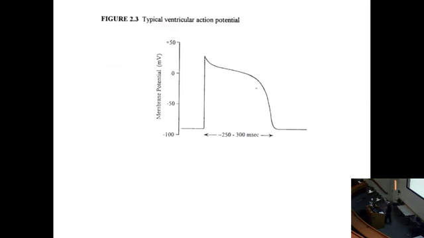So if we look at a typical cardiac action potential, it is different from the ones that you have been exposed to up to this point. We do start at a resting potential of about -90, which makes it roughly the same as skeletal muscle. And when the transmembrane potential increases, it peaks at about +20 or +30, somewhere in that area, very similar to a skeletal muscle synapse, okay?